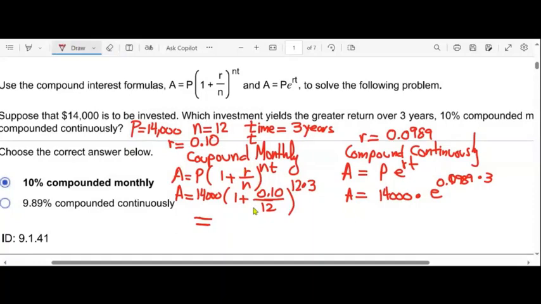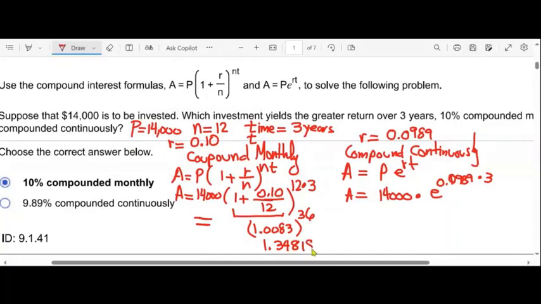Okay. Can we do it together? How much will this give you? 1.0083 to the power of what? 12 times 3, which is 36. Tell me how much 1.0083 to the power of 36 will give you.